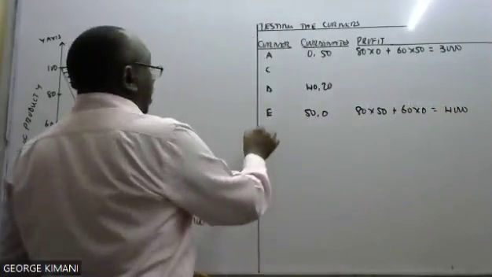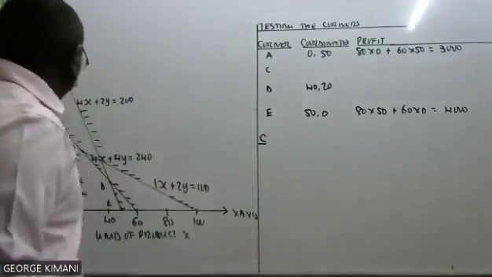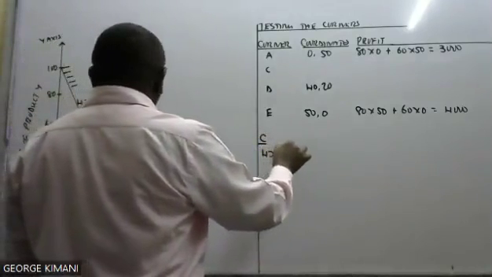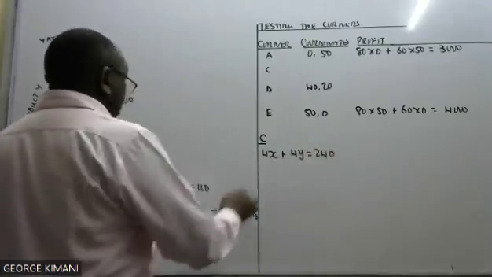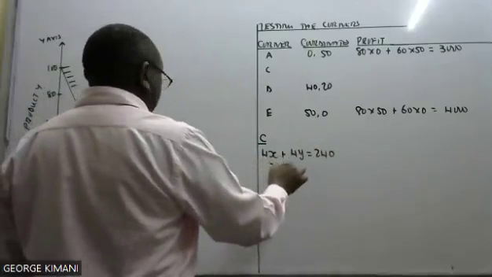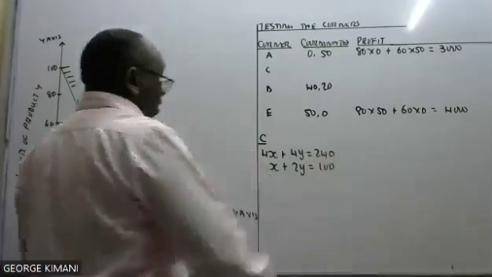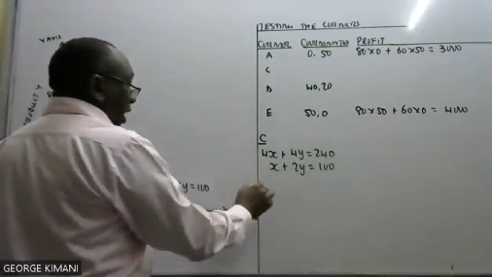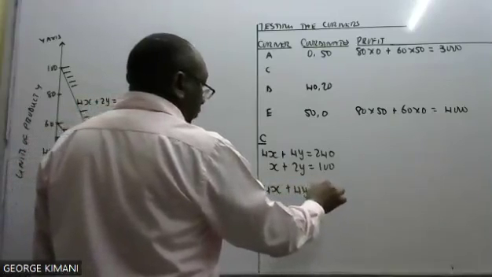Let's have corner C. Corner C is made up of 4x plus 4y is equal to 240, and the other line passing there is x plus 2y is equal to 100. So we can multiply this by 2, so that we have 4x plus 4y is equal to 240.